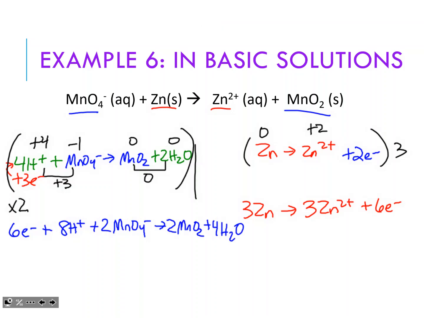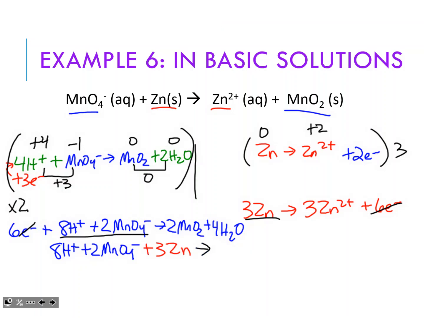All is wonderful. Now we've got to merge. And as I merge, I'm just going to get rid of the electrons because we know those are canceling. So we have 8 hydrogens plus 2 permanganates plus the 3 zincs. So that takes care of all of our reactants.